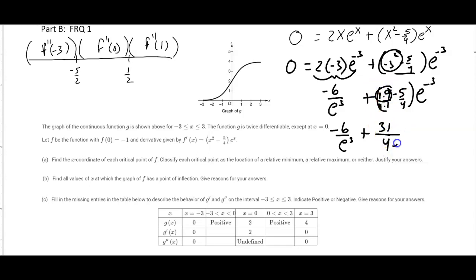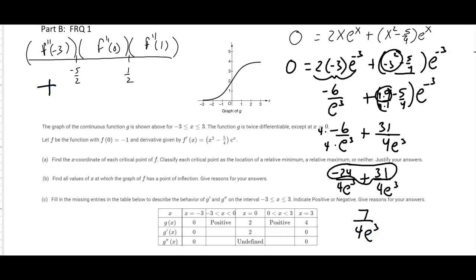And then the e to the negative 3 will go in the bottom. All right, now we need a common denominator for this. So we'll multiply the top and the bottom by 4. All right, and then negative 24 could be combined with 31 to make 7. And that's a positive outcome there. There's no negatives. So we end up with a positive.